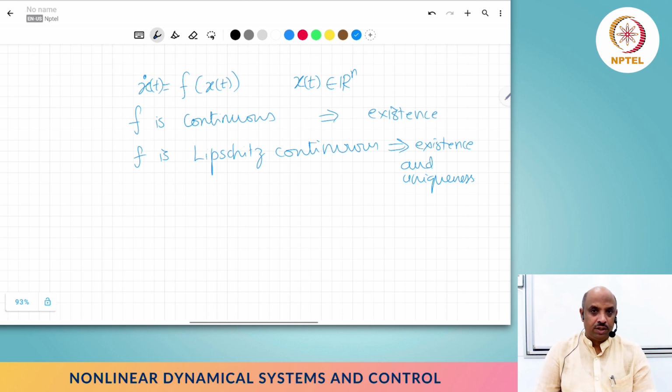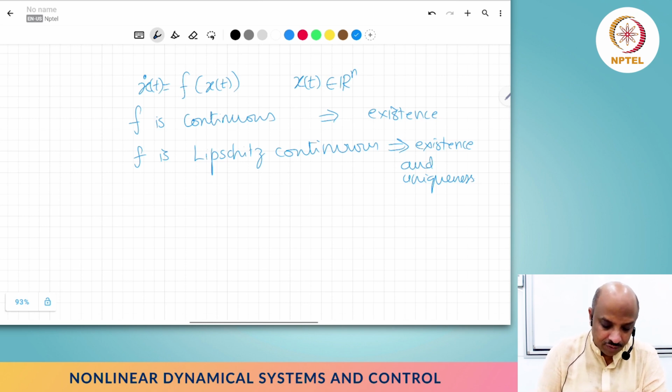And in nature, in physical applications, we typically expect our models to have unique solutions. Rarely we have some examples where we have multiple solutions. Then of course either of them are local results. Existence of solution could mean multiple solutions in a small range of time. Lipschitz continuity gives you existence and uniqueness, again possibly in a small space region around the point that we're starting, as well as time, right?